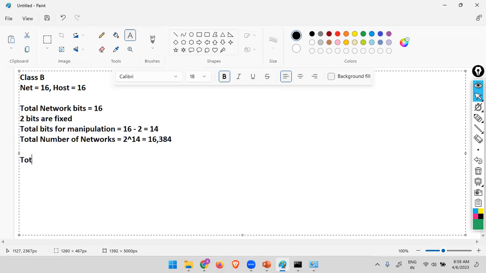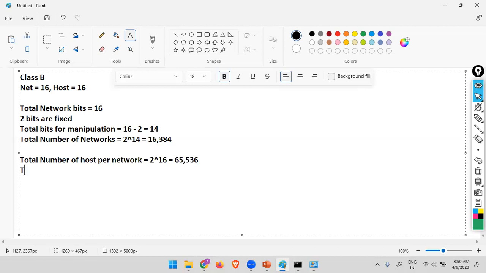Okay. If I say total number of hosts per network, how many host bits do I have? 16. That means 2 raised to power 16. So I'll have 65,536. But again, can I use the first IP and the last IP?